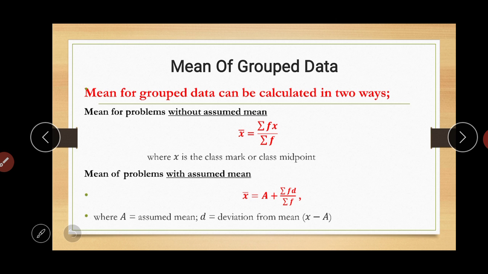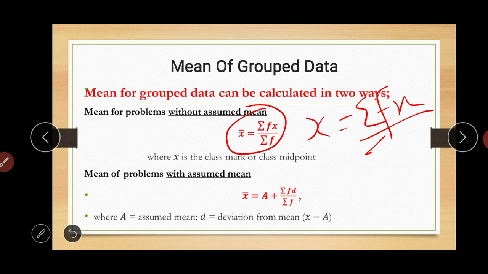Now, in the mean section, the mean for grouped data can be calculated in two ways. The first one is mean equals summation of fx over summation of f. And the second one is when we have an assumed mean.